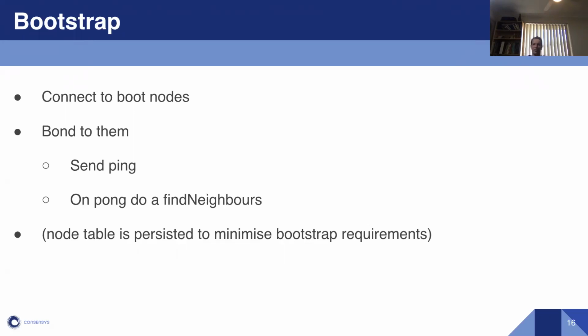That's mitigated a bit by the fact that the node table is persisted. So every time you start your client from scratch, you're not going out to the boot nodes, but the first time that you ever started up, you will be going out to those boot nodes.